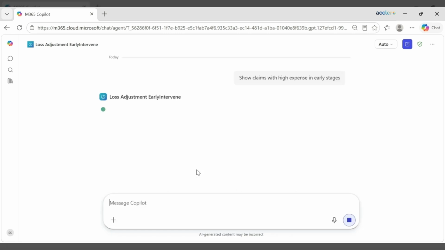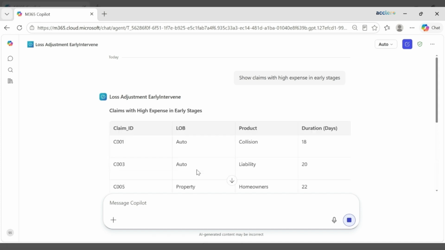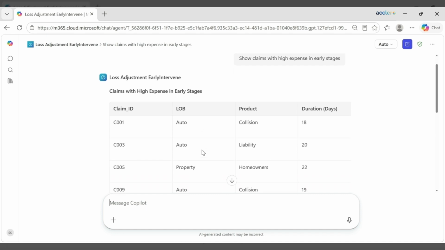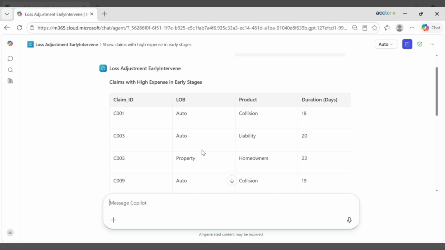Here I ask the agent to show the claims with high expense in the early stages, that is, with rising cost signals. So these are some active claims showing the early cost pressure signals.